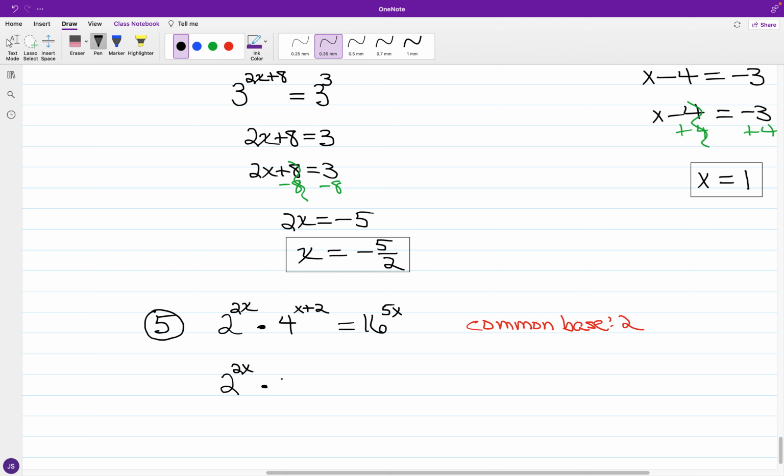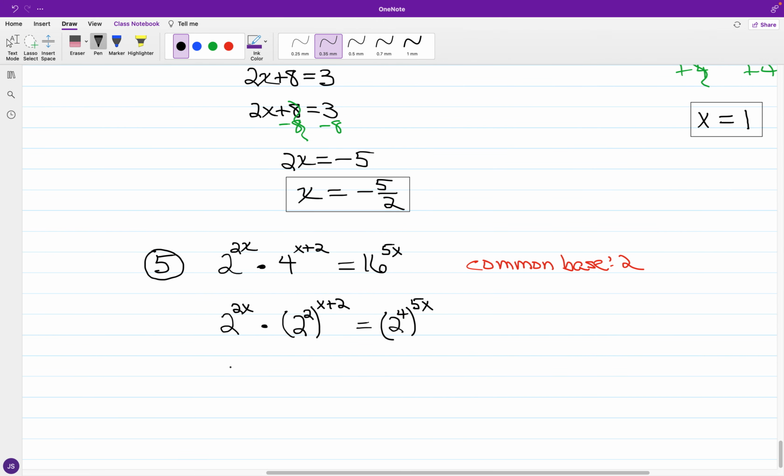Now for 4 to the x plus 2, 4 is going to be 2 squared. So you have 2 squared to the x plus 2. 16 to the 5x, now 16 is going to be 2 to the 4th. And 16 to the 5x would be 2 to the 4th to the 5x.